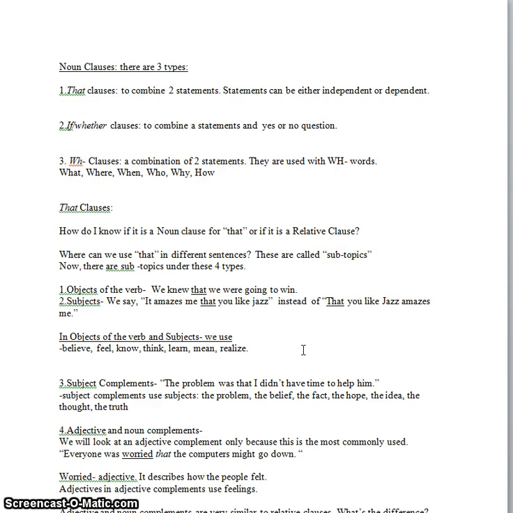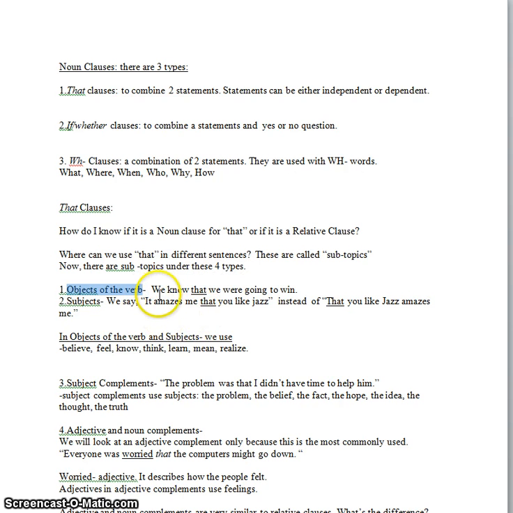Now, I only want to talk about the subtopics for that clauses. What are the subtopics? Objects of the verb, subjects, subject complements, adjective and noun complements. First, let's talk about subtopic 1, objects of the verb.